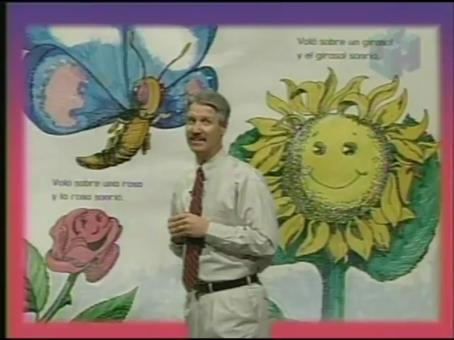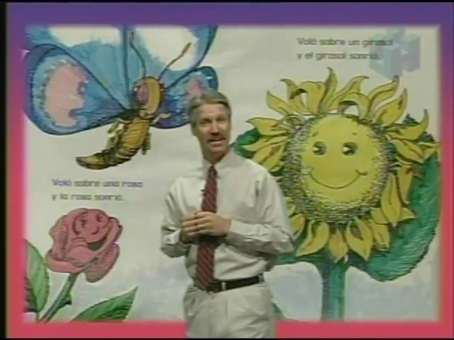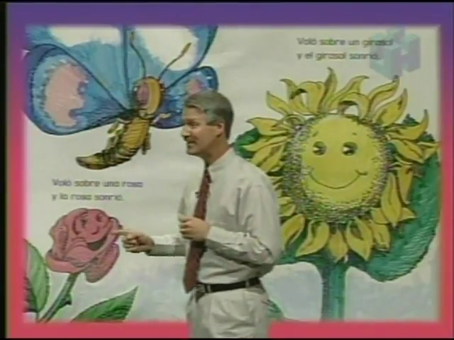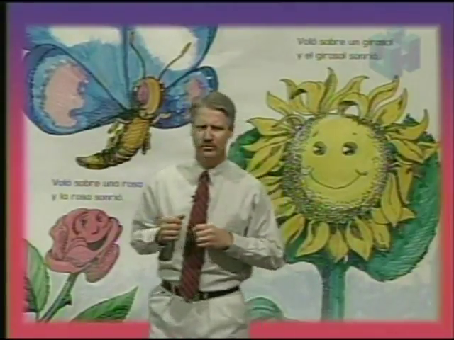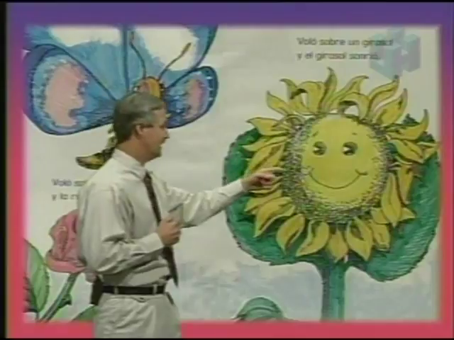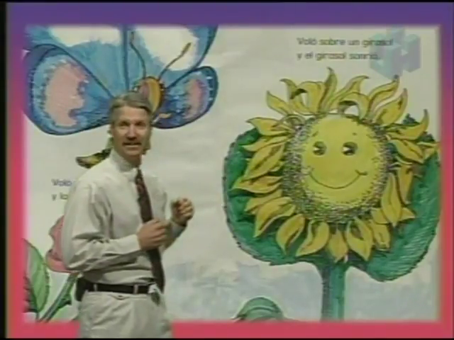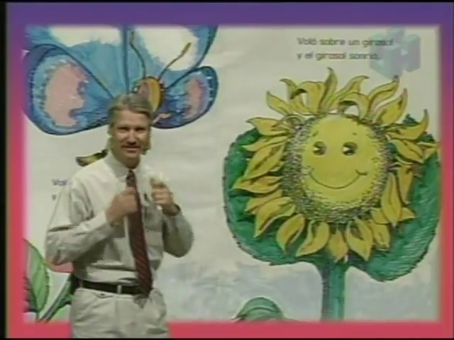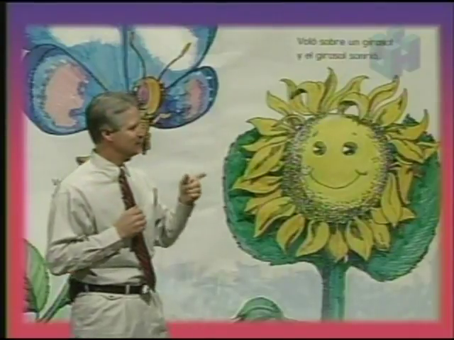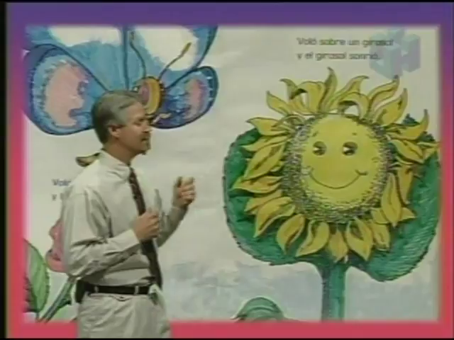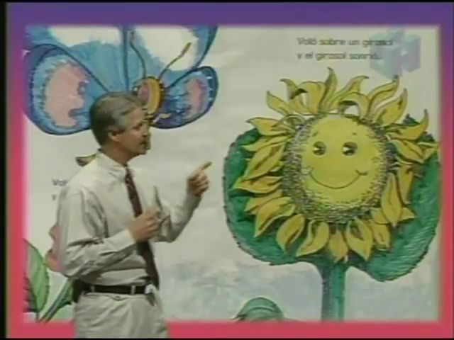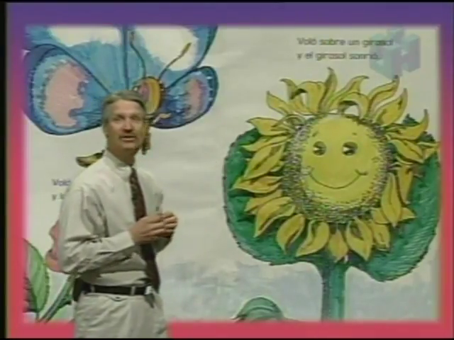And you can guess what that is. Y la rosa sonrió. Voló sobre un girasol. Y el girasol sonrió. And do you recognize what kind of flower that is? Yeah, that's a sunflower. Y el girasol, the sunflower, sonrió.